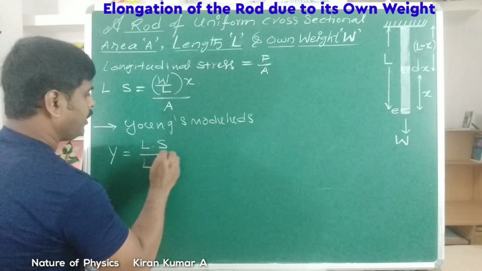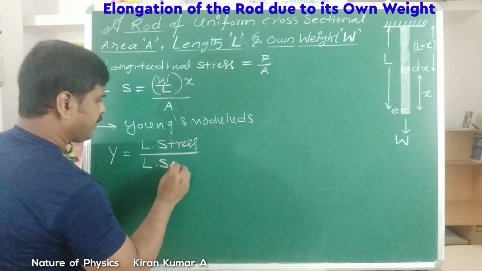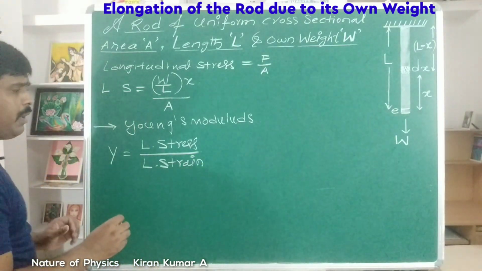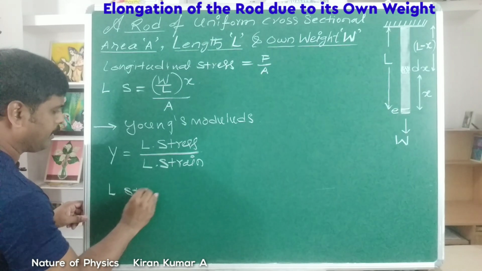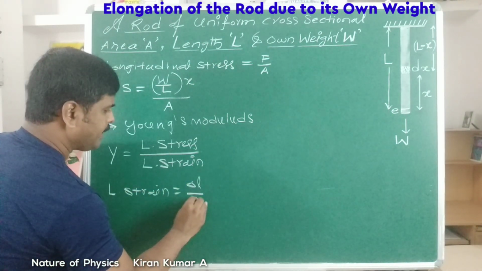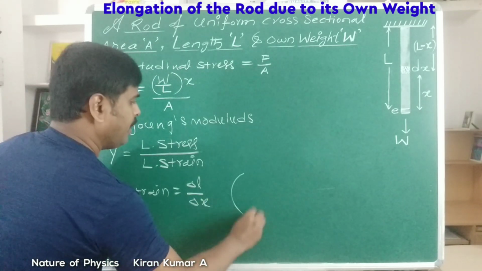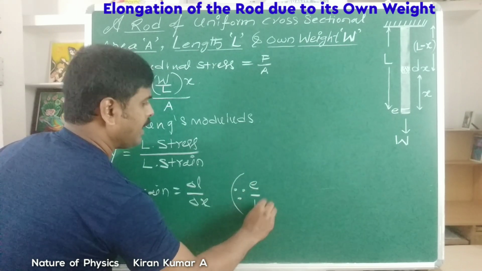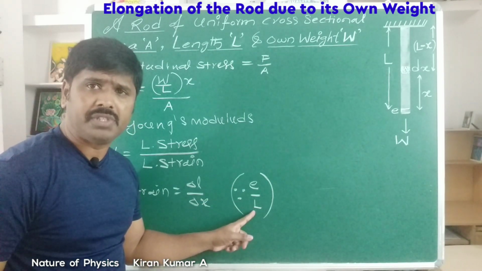Okay, so here, try to understand, longitudinal strain is delta L divided by delta x. Generally we write it as E divided by capital L, that is elongation divided by original length.